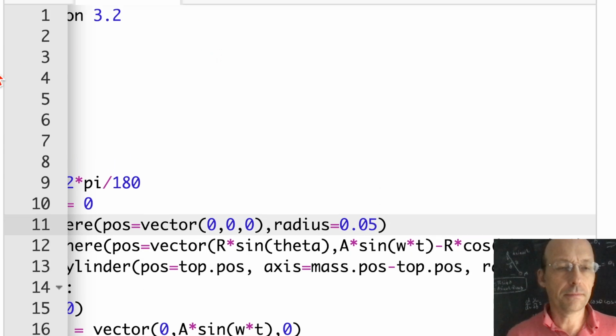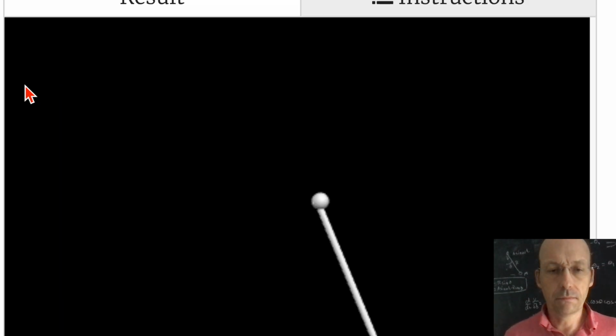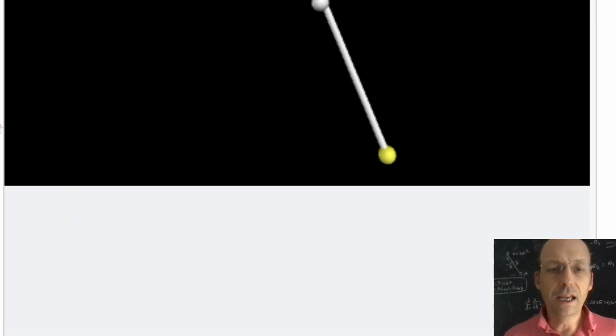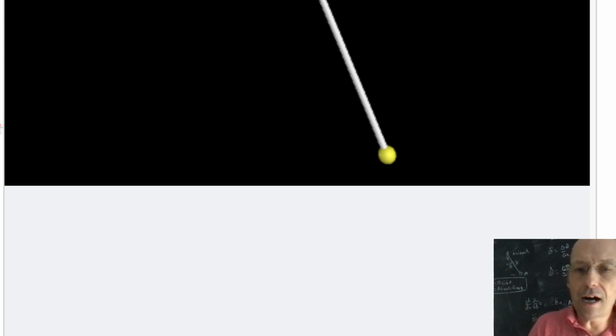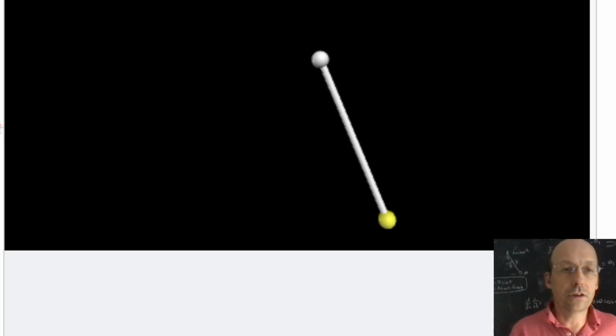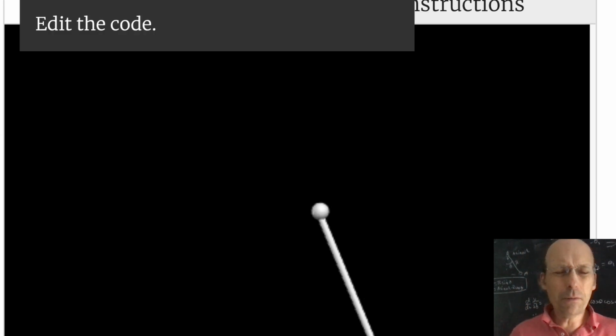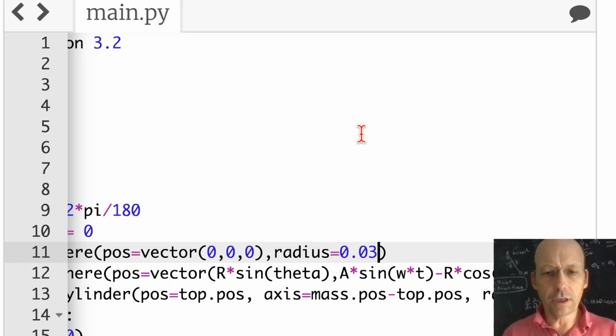Let's see what that looks like. Okay, and so that top mass is oscillating up and down without any connection, because we haven't done any of the calculations yet. Let's make that top a little bit smaller, just a tad bit smaller, maybe something like that.